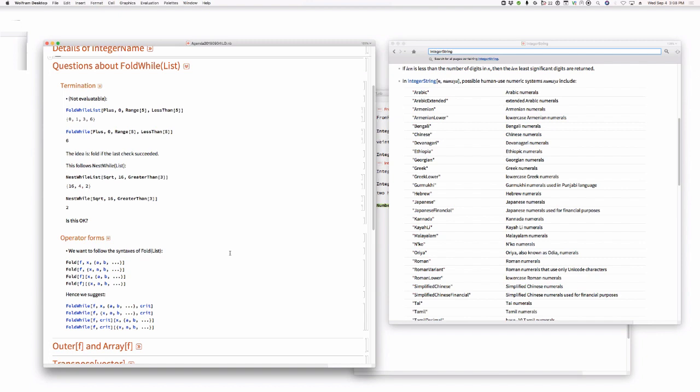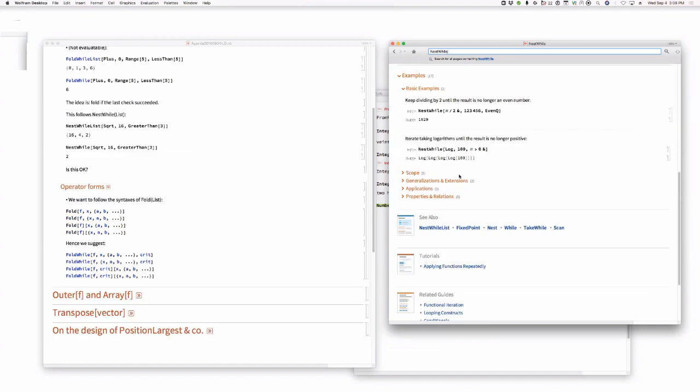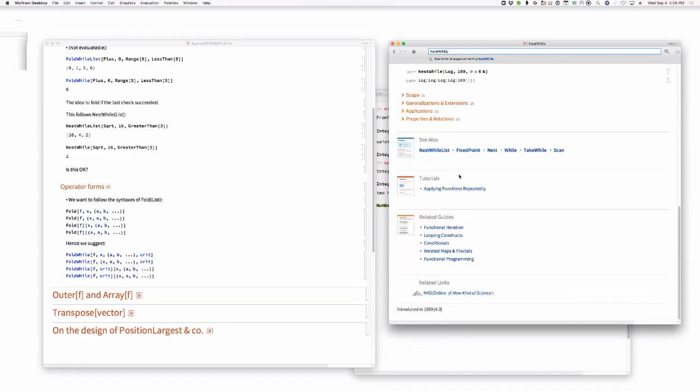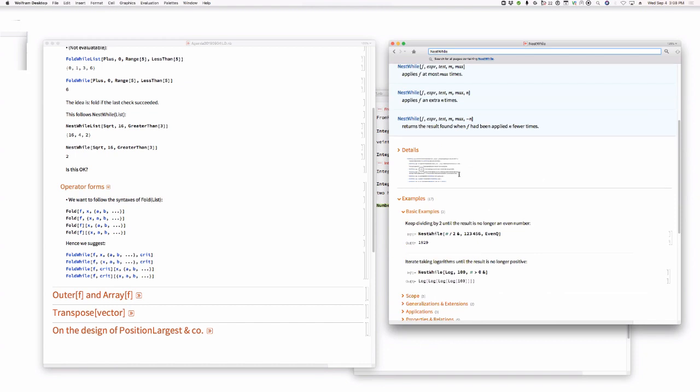Yeah. Which it could. Did we get NestWhile wrong? Probably. My gosh, it's been with us since 1999. Until the result is no longer positive.